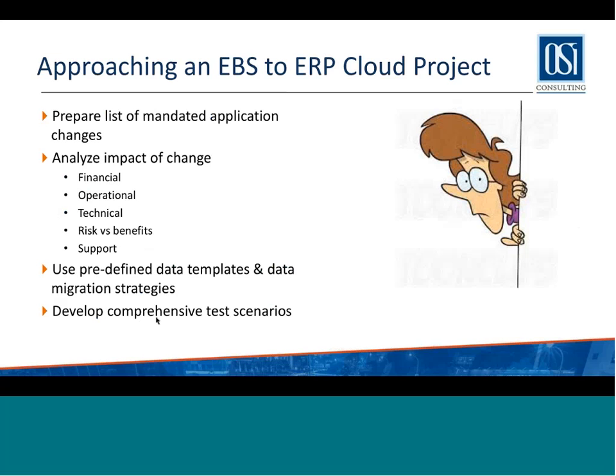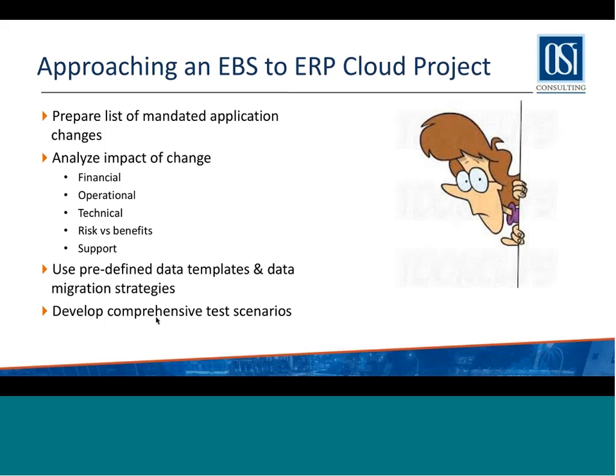So how do you approach an EBS to ERP cloud project? What would we do? The first thing we would do is, if somebody said they wanted to look at moving to the cloud, we would make a list of mandated application changes, things that will change on the application, like security profiles as an example, or the way the historical data changes or the reporting changes.